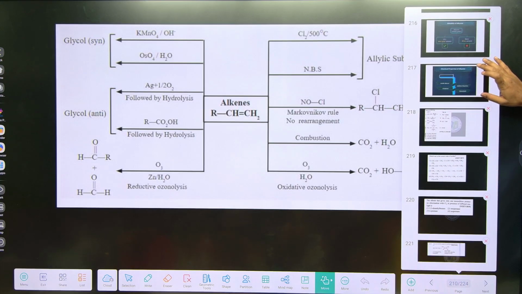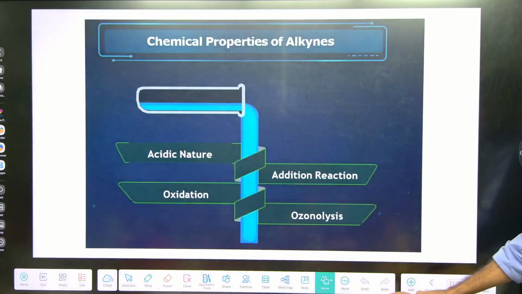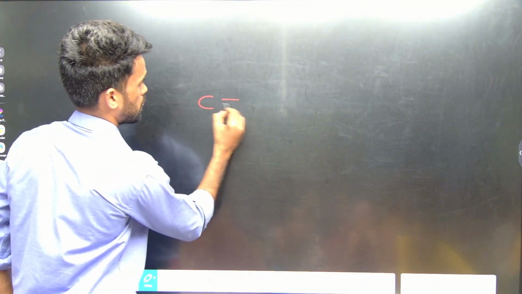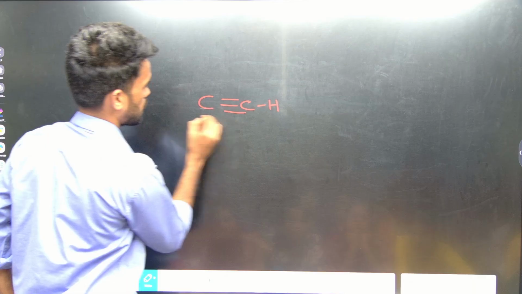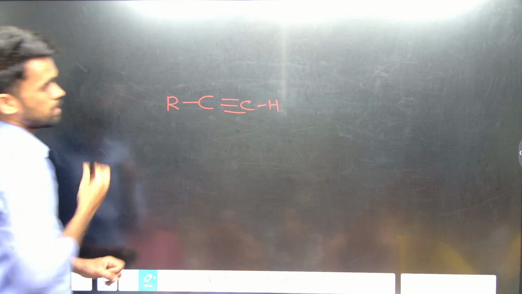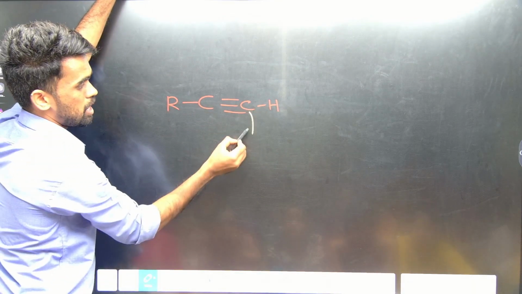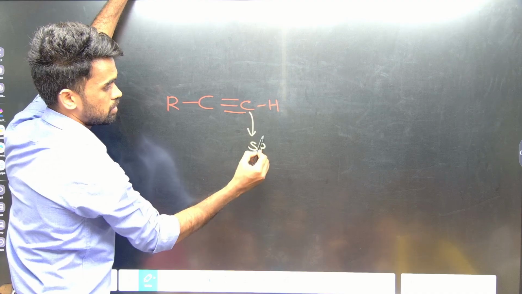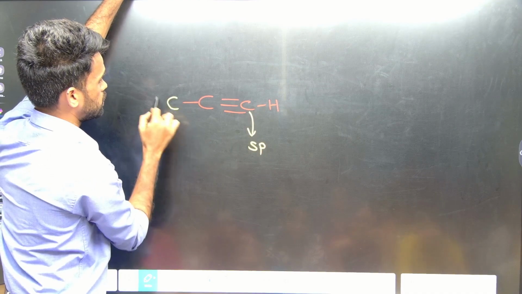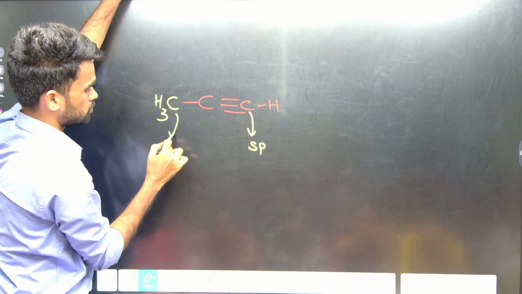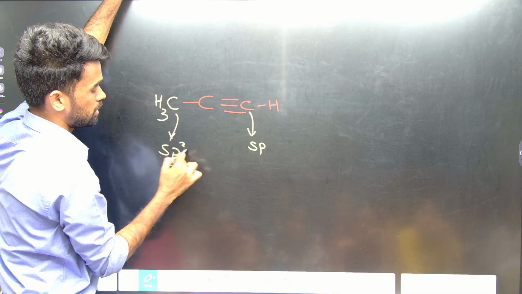Alkynes. When it comes to alkynes, one of the very important factors is their acidic nature. See, what is the hybridization of this carbon? sp. What about this carbon? sp3.